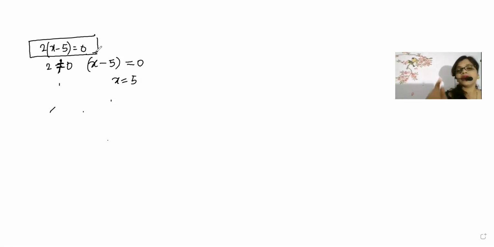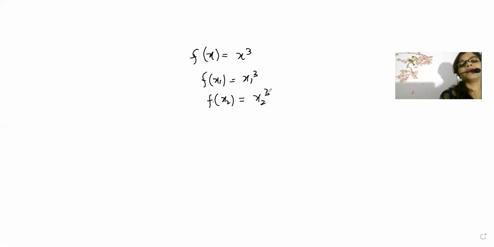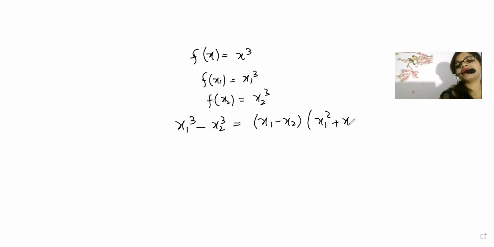Here also what we have done, we have taken f of x1. We started with f of x, we said that f of x is equal to x cube. So f of x1 is equal to x1 cube, f of x2 is equal to x2 cube. Now we applied the formula: x1 cube minus x2 cube is equal to x1 minus x2 times x1 square plus x2 square plus x1 x2.